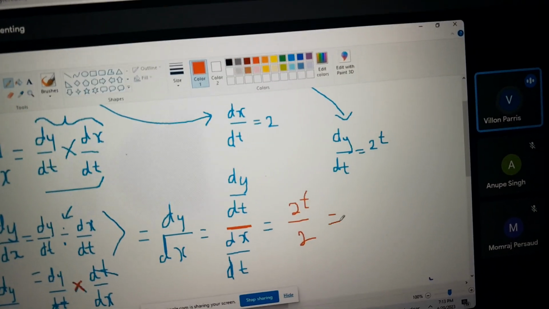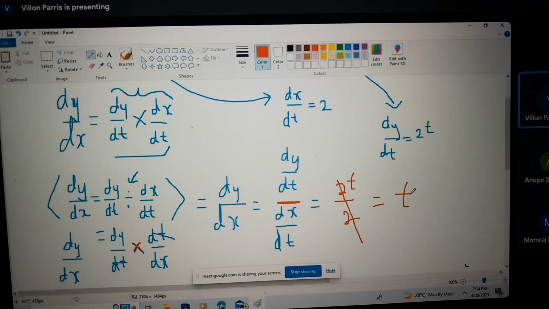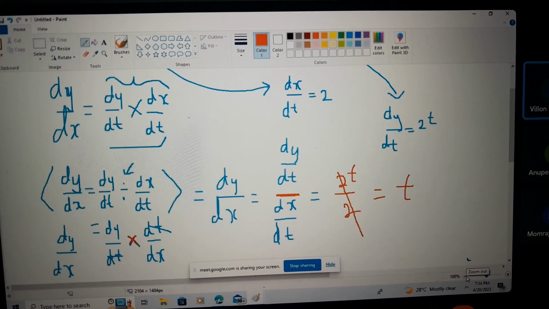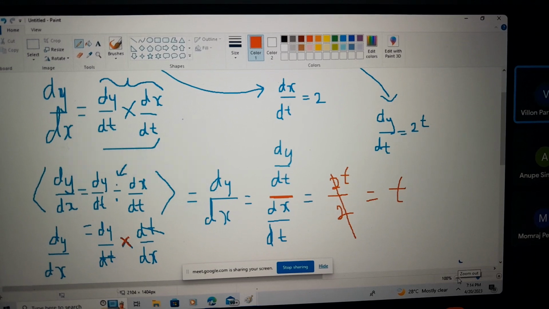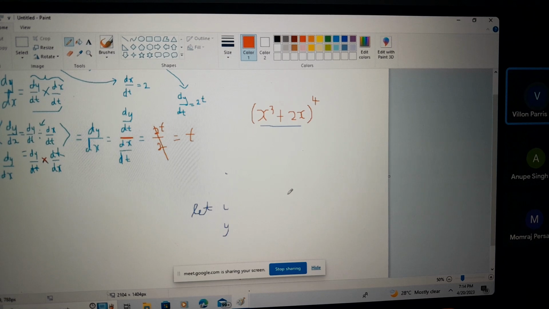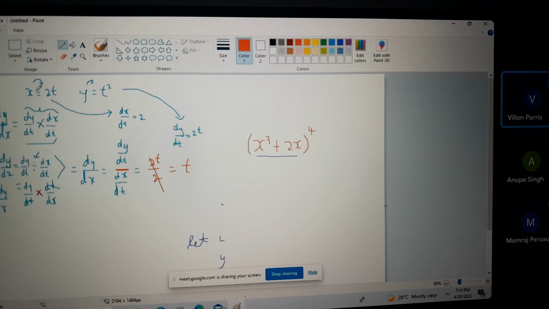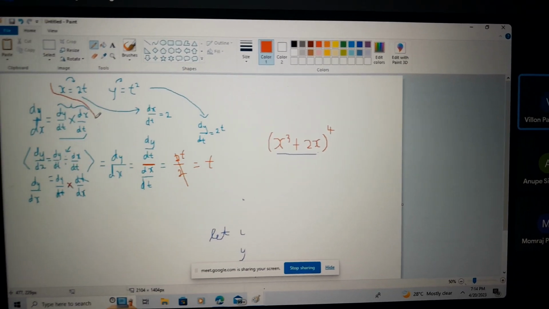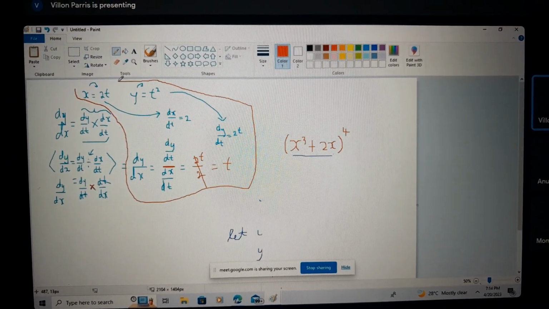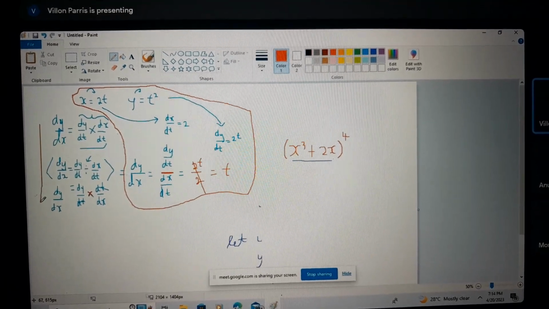Therefore, our answer would be just t. That would be our derivative. I know it's all jumbled up because I wanted to derive the formula. So what I want you to focus on is this part here. Everything else outside there was to get the formula.